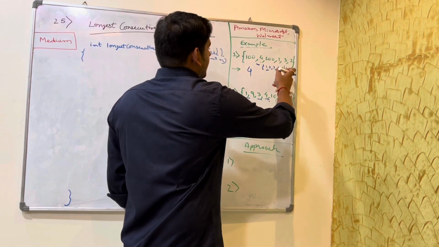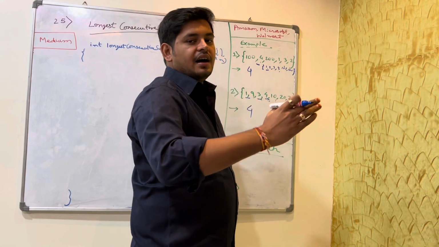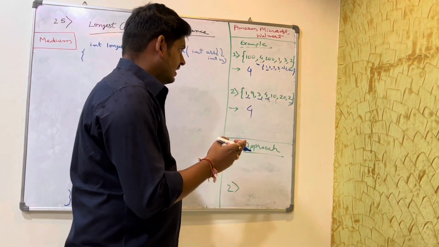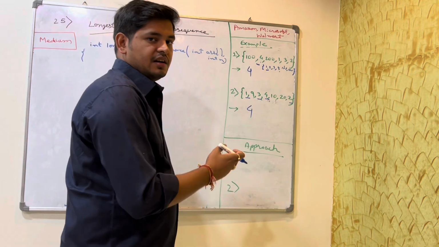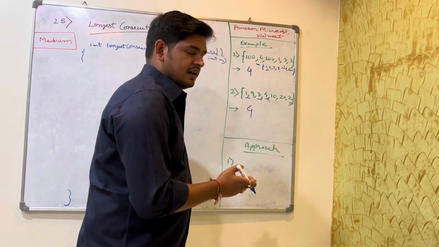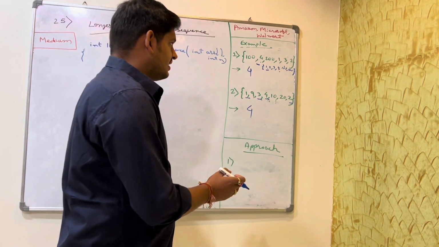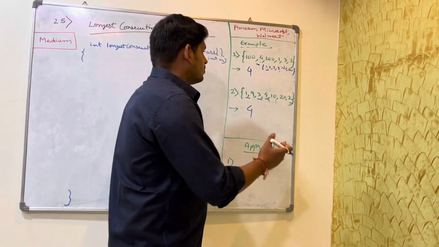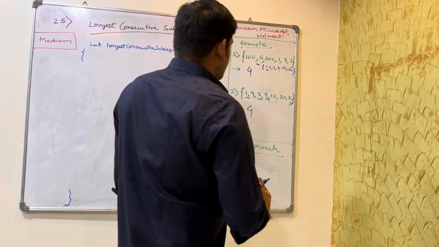If again we see consecutive elements, we'll start increasing count again. So count was moved from 4 to 1. Now again count will increase, and if it is greater than the max, then we'll replace max. In this way we can solve it.